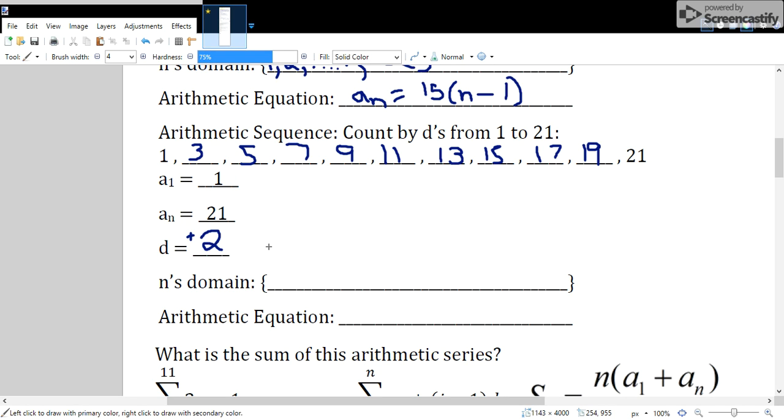So we basically have a plus 2 each time, because 1 plus 2 is 3, 3 plus 2 is 5, and so on. Now n's domain, we have the first term, second, third, fourth, fifth, sixth, seventh, eighth, ninth, 10th, and 11th.